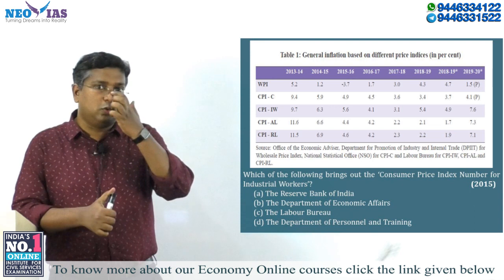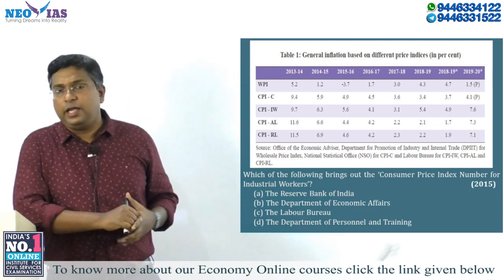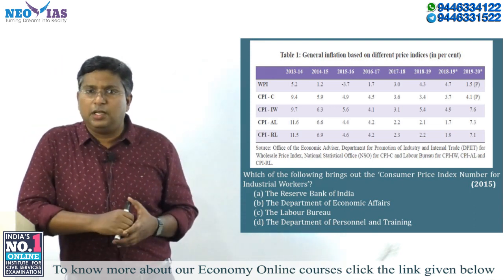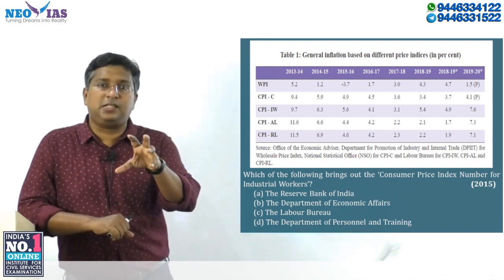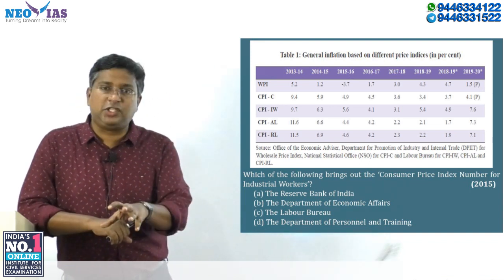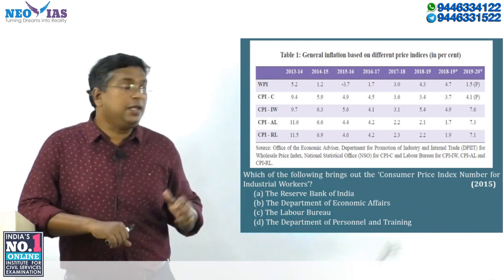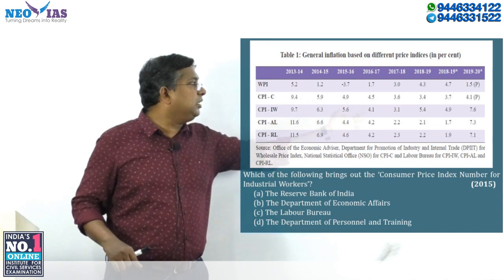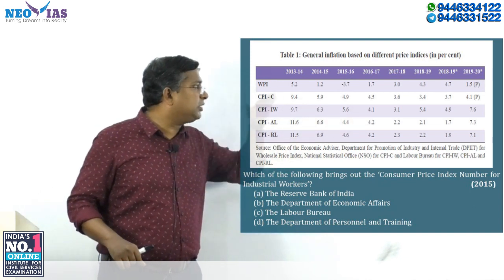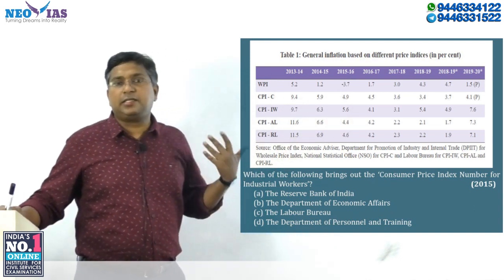They can ask you, saying that, okay, in the last 5 years regarding wholesale inflation, there was no deflationary trend. That is wrong. In the 2015-16 period, there was deflation for wholesale price index. And then they can say that from the year 2014-15 till the year 2018-19, there has been a continuous decline in consumer price index combined.